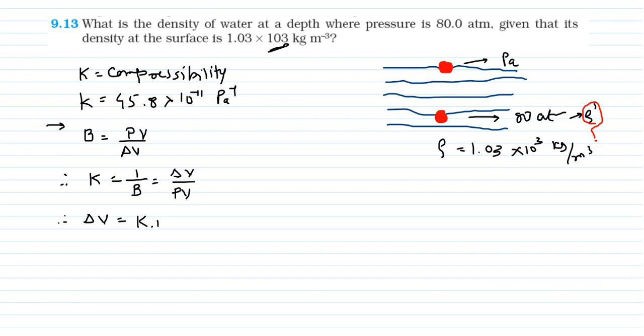Therefore delta V is equal to K into PV.